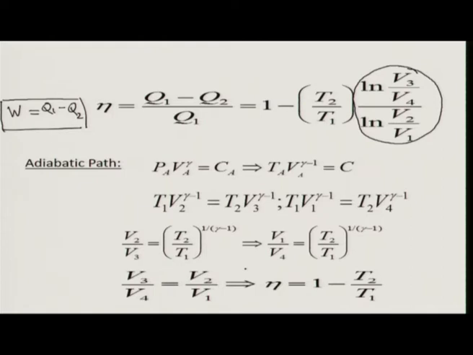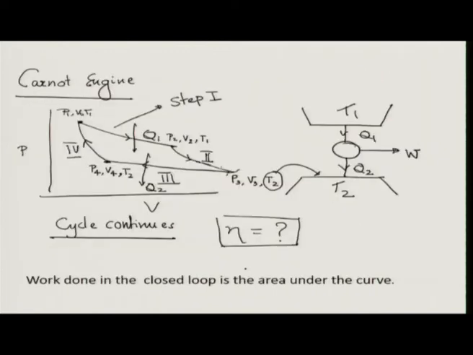That is quite easy, because these two processes apparently they play no role, because I am calculating Q1 which is involved in this process, I am calculating Q2 which is involved in this process. So apparently these two processes are not being useful, though they are necessary to come back to P1, V1, T1 at the end of the complete cycle, but they do indeed play a very crucial role, which I will show here.